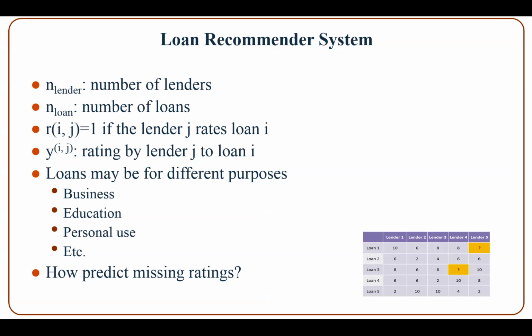j to loan i. Assume that loans may be for different purposes, for example, for business, education, personal use, etc. What if lender 4 did not rate loan 3 and lender 5 did not rate loan 1? How can we predict missing ratings?